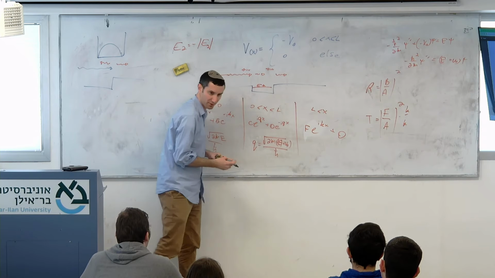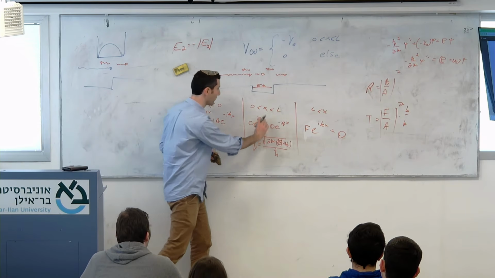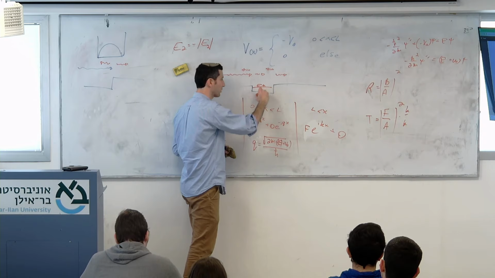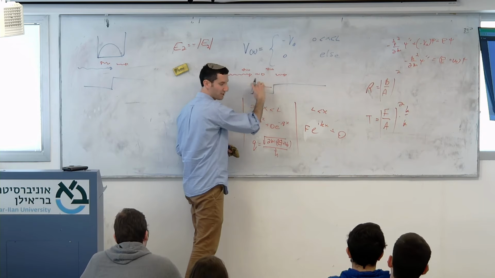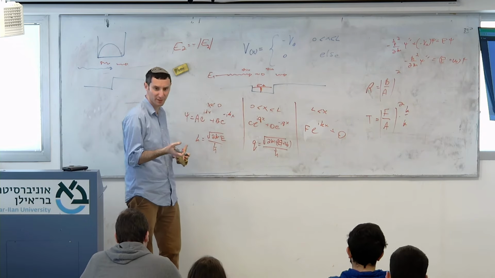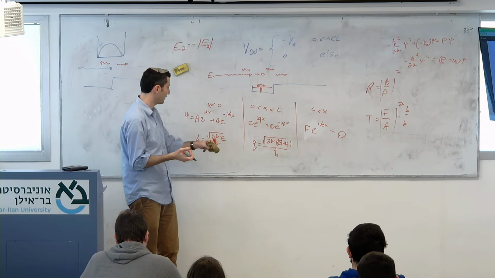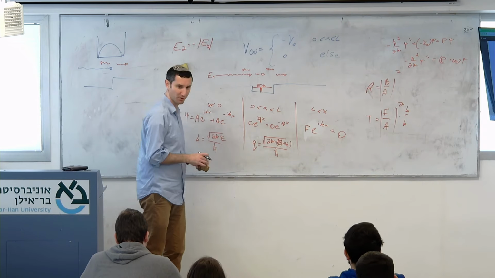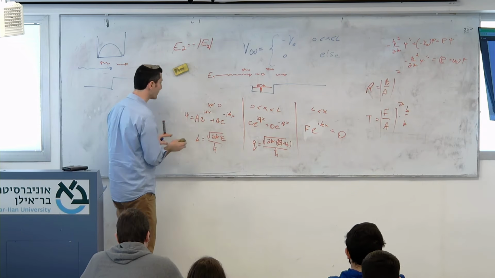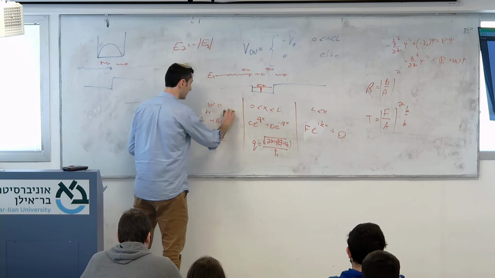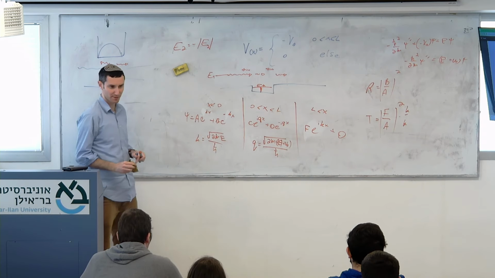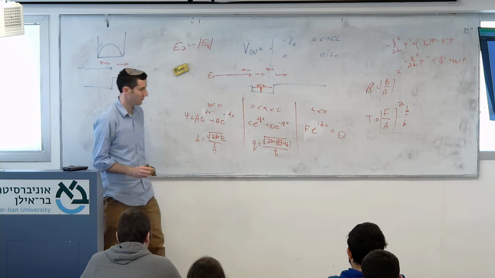You can put this here, right? Because now the energy I have here is lower. It's not this, it's only this: the difference between V naught and E. And this is my q. However, here I would need to have real exponents.